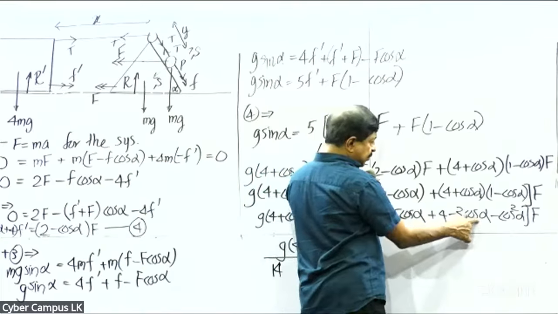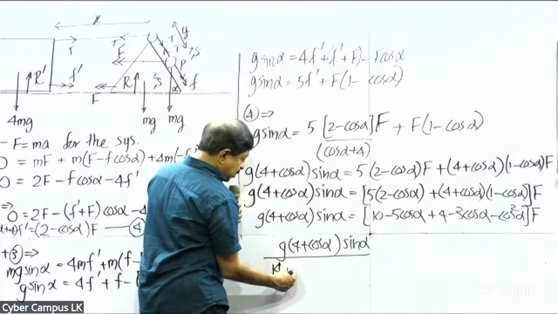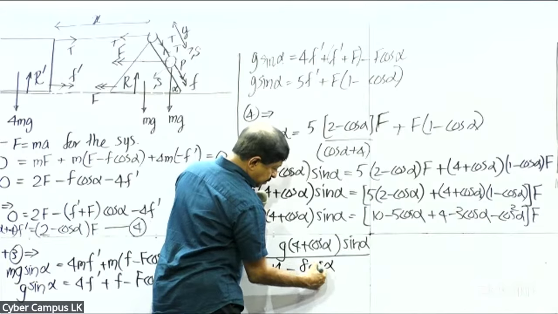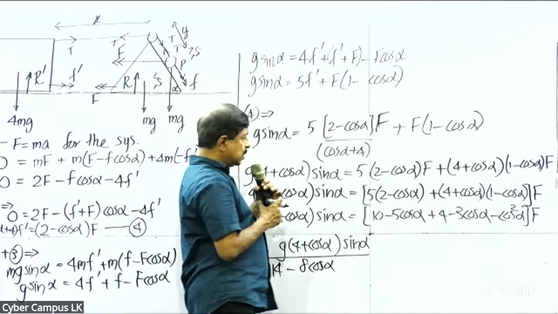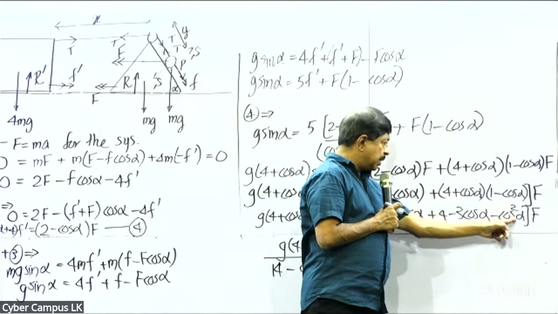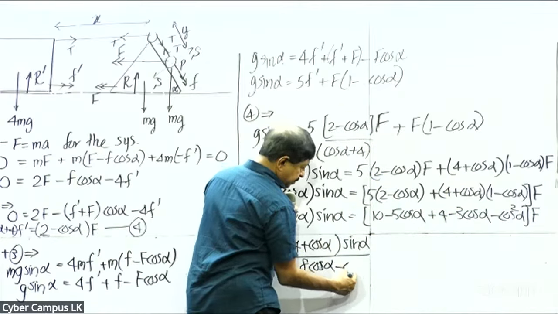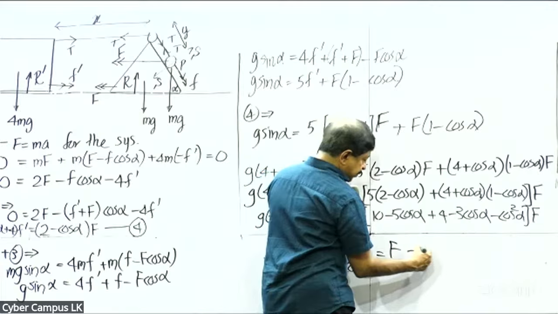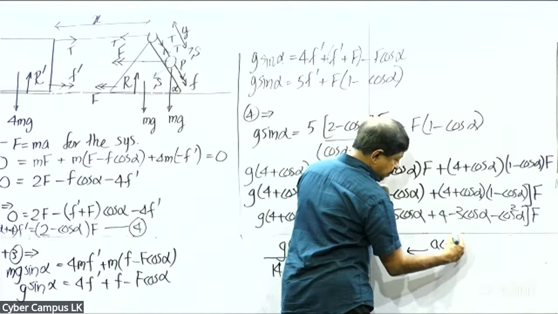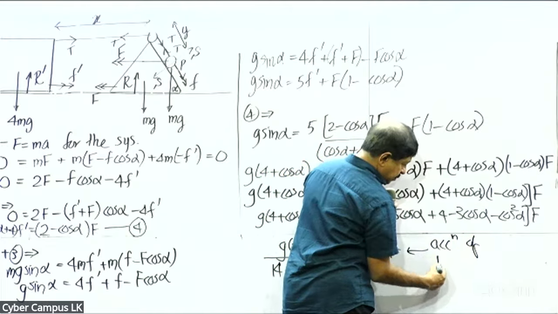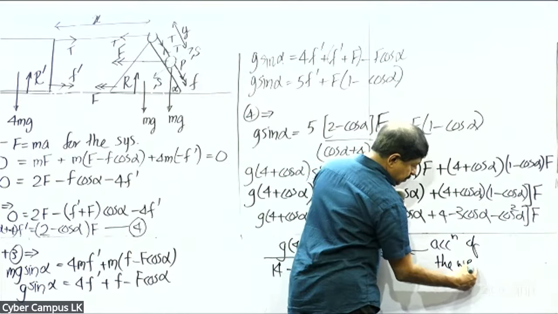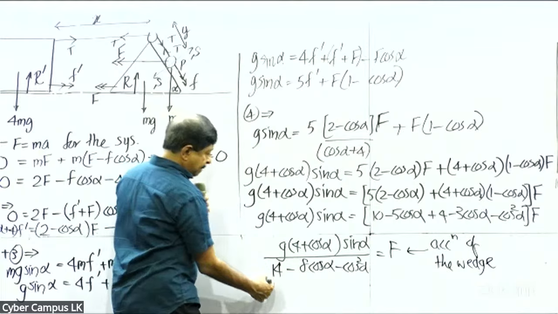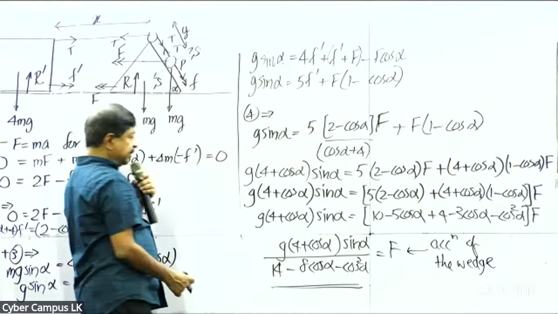Minus 5 cos alpha minus 3 cos alpha. Minus 8 cos alpha. Then you have minus cosine squared alpha. This is the acceleration of the wedge. This is exactly what we need.